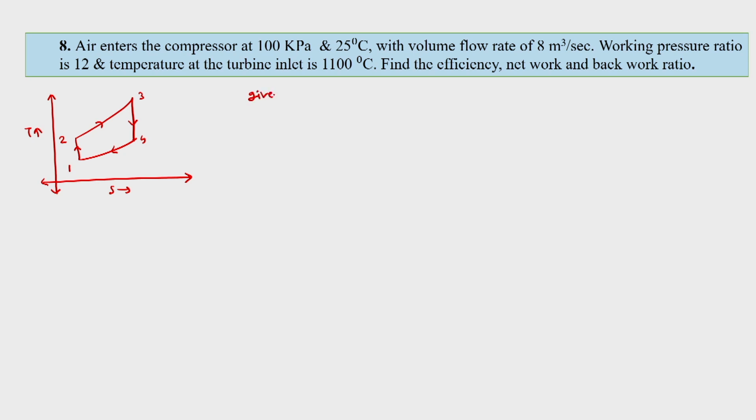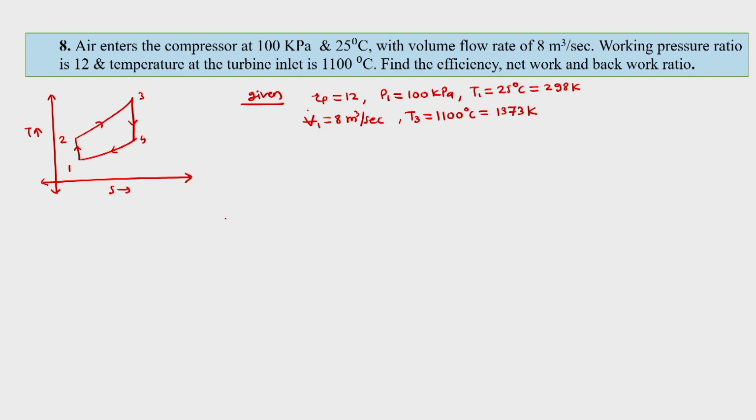So given things are Rp as 12, P1 as 100 kPa, T1 as 25 degrees Celsius, which is 298 Kelvin. Volume flow rate is 8 meter cube per second, and T3 is equal to 1100 degrees Celsius, so it is equal to 1373 Kelvin.